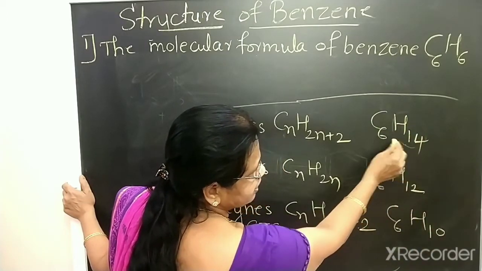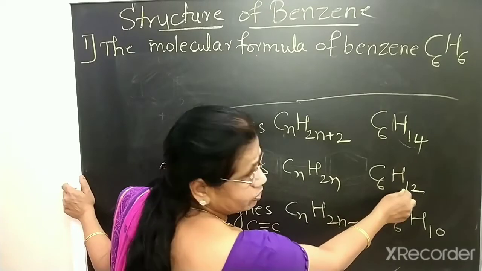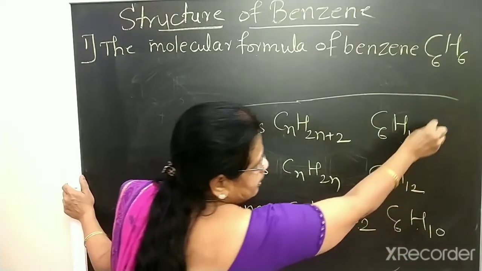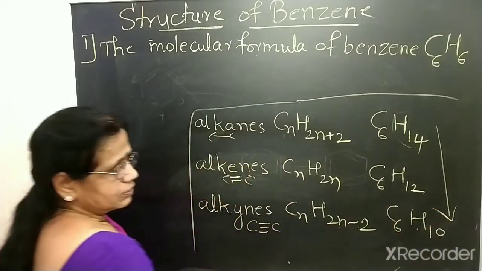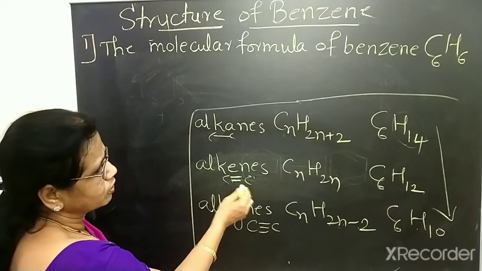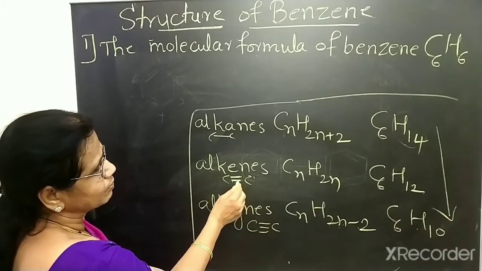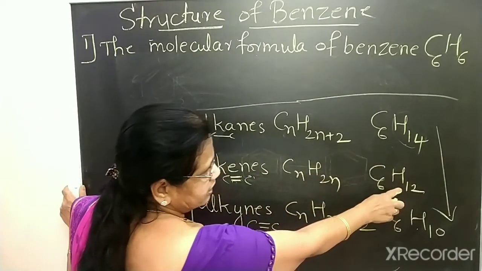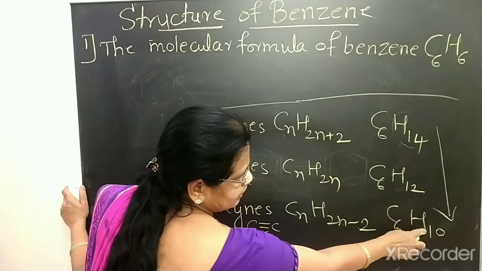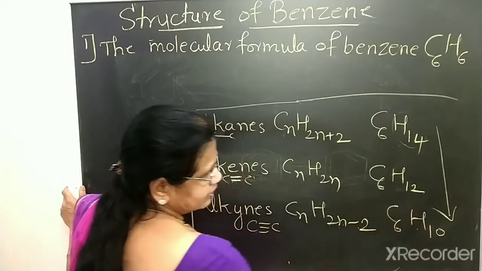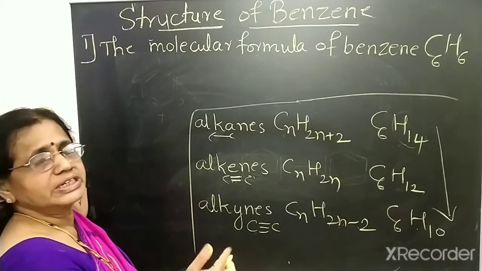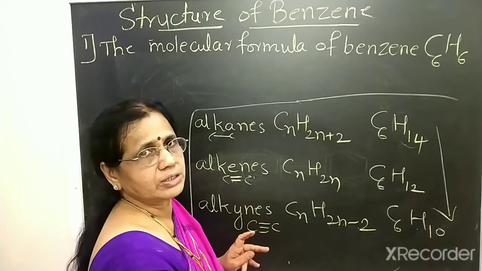You see C6H14, C6H12 for alkenes and C6H10 for alkynes. So the number of hydrogen atoms decreases as unsaturation increases. As the double bond comes, the number of hydrogens decreases, and similarly with the triple bond. So a decreasing number of hydrogen atoms indicates unsaturation.